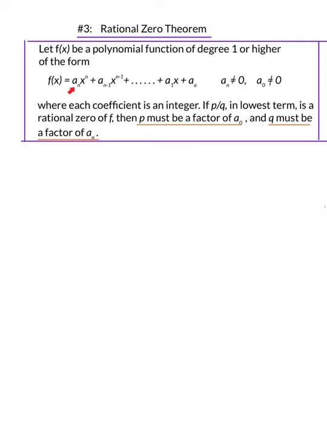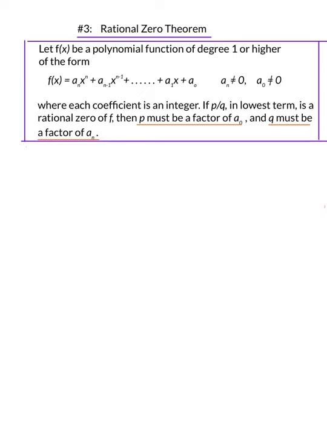Coefficient means each a sub n minus 1, and so forth. Now, here's the statement. If P over Q in lowest terms is a rational zero of f, then P must be a factor of a sub 0, and Q must be a factor of a sub n.